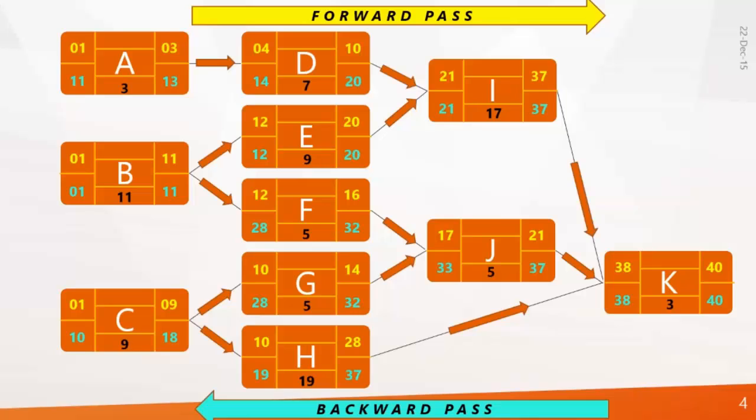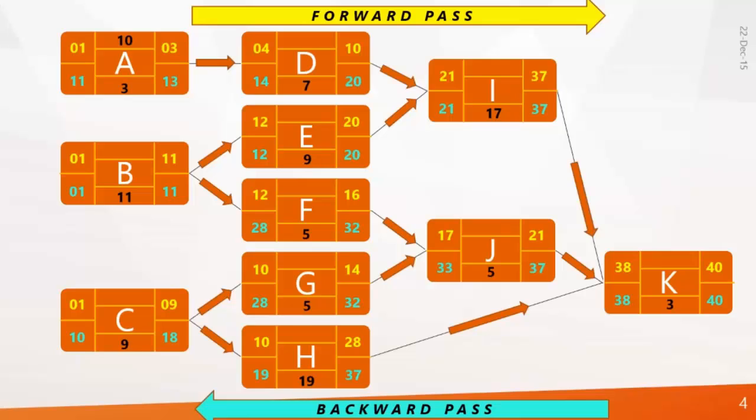Which means activity A can be delayed for how many days? 10. Exactly. 11 minus 1 gives you 10. So this number of days an activity can be delayed without delaying the project total duration, that is 40, is called float. Exactly. Very good.